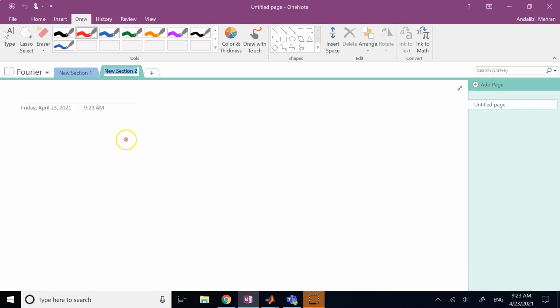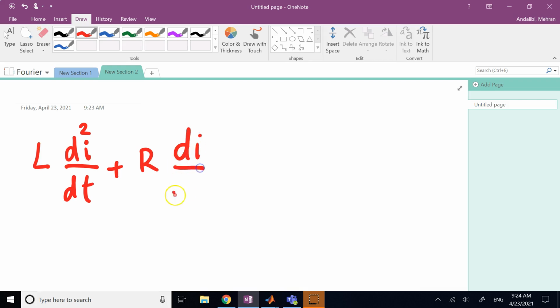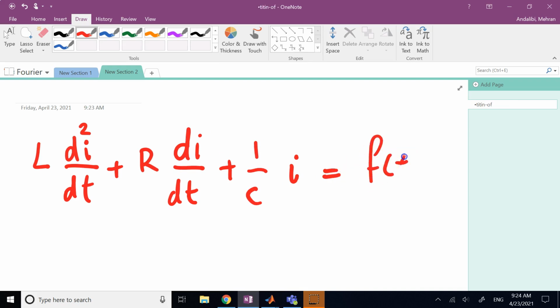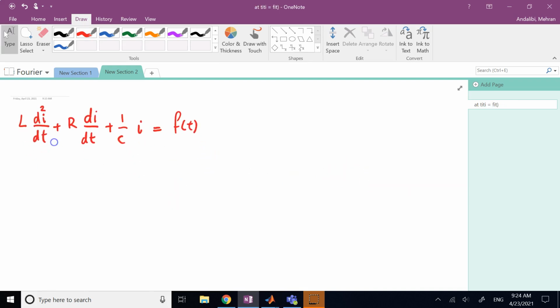So now I have a differential equation like this, as I said, L second derivative of I with respect to time plus R first derivative of I with respect to time plus 1 over C times I equals f of t. And as I said, this f of t is a periodic function, but none of those three specific functions that you learned.